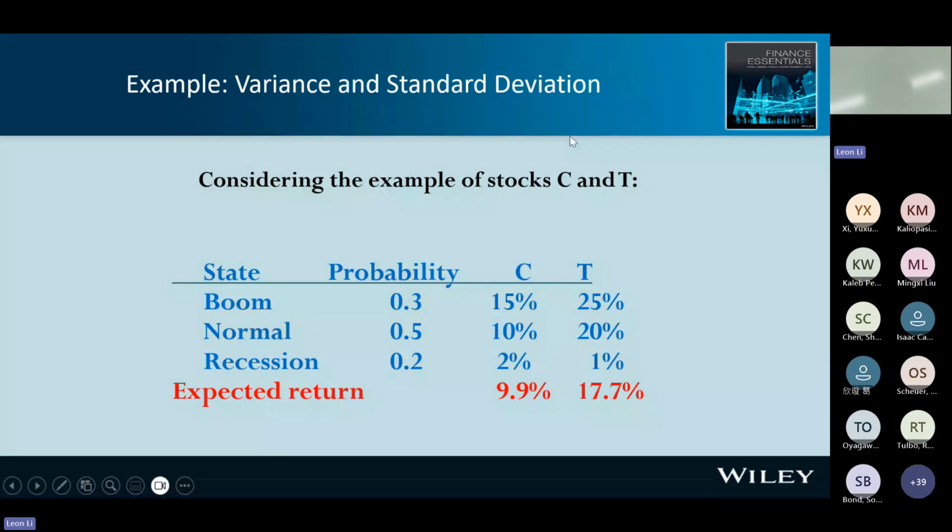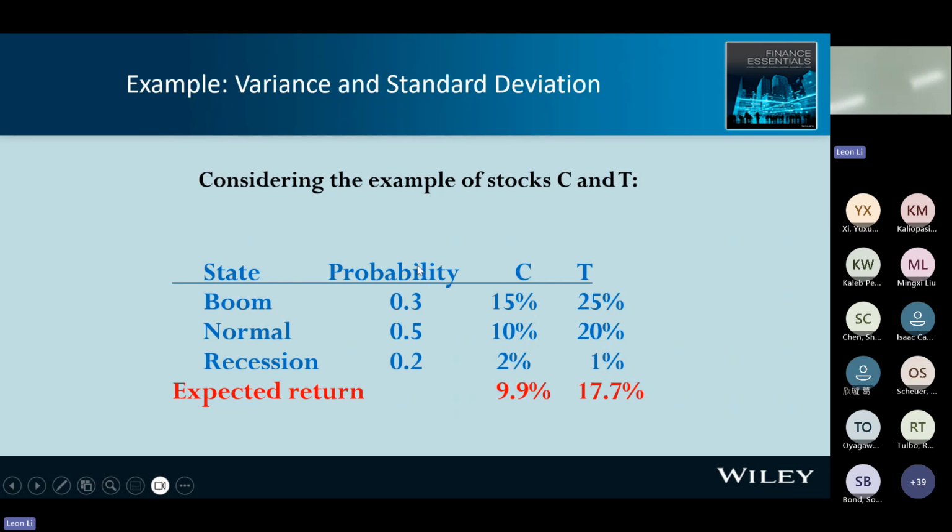So consider 2 stocks, C and T, right? So you can see the states: boom, normal, recession. Boom, a good year; recession, a bad year; and the normal year.